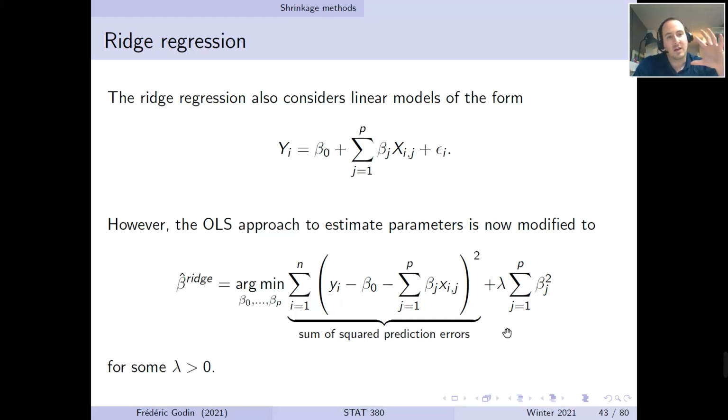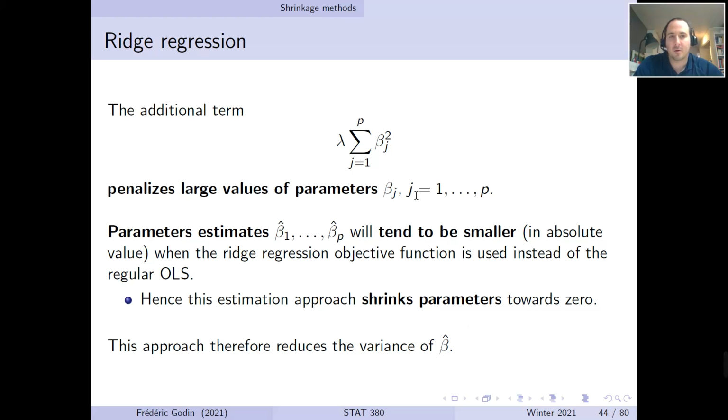So solving a ridge regression instead of a regular OLS regression leads to parameters that are in general smaller. As we just said, the additional term, lambda times the sum of slopes squared, penalizes large parameters, provided that lambda is greater than 0. If lambda is exactly equal to 0, then the regression is exactly the ordinary least squares regression.